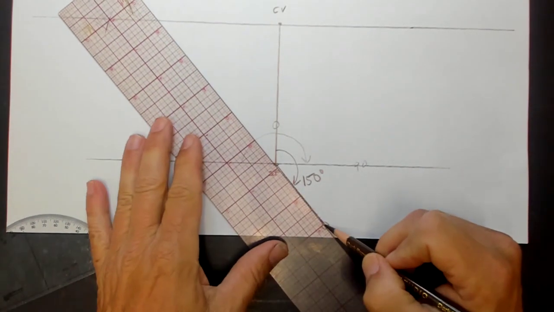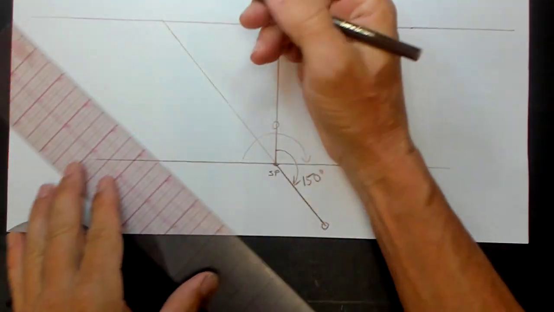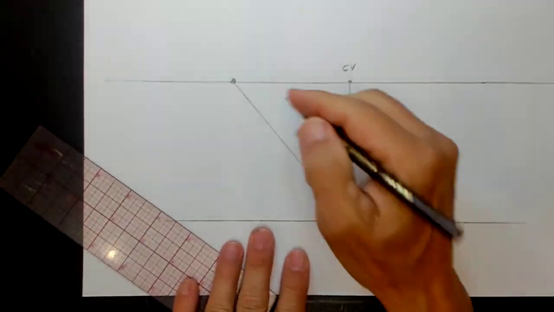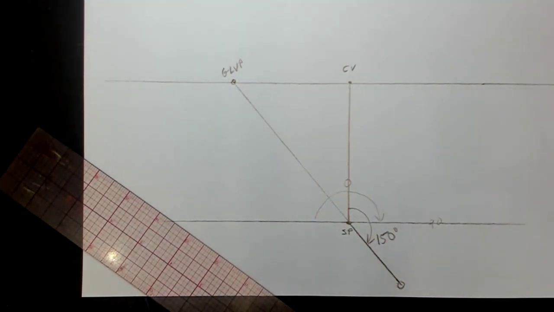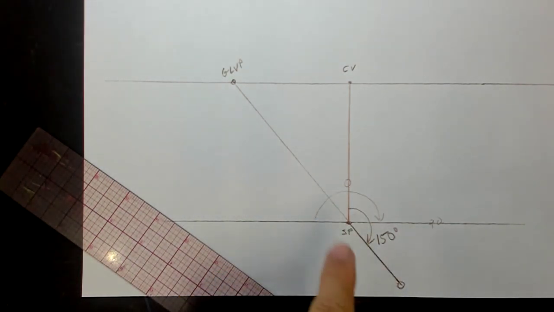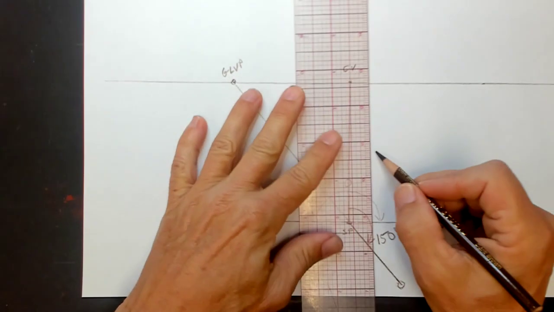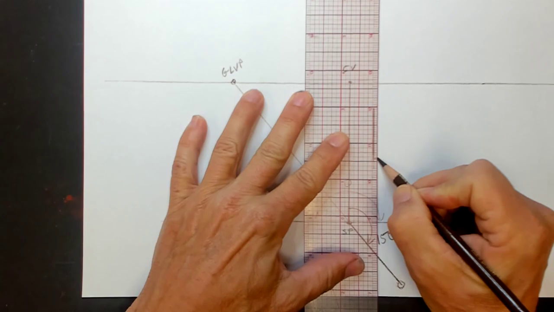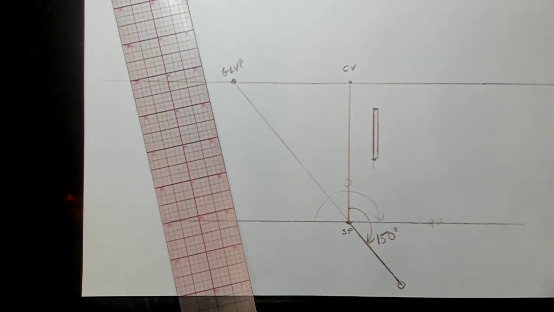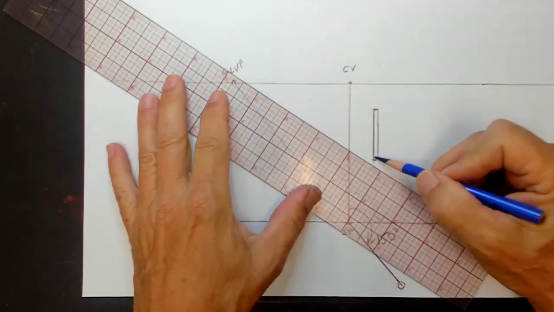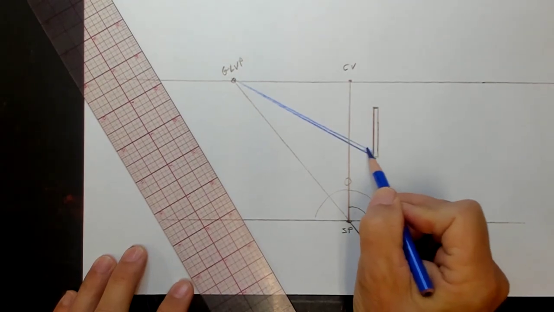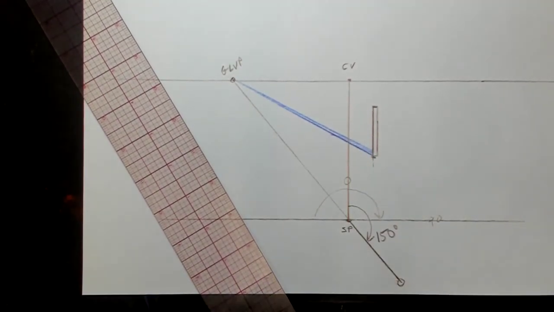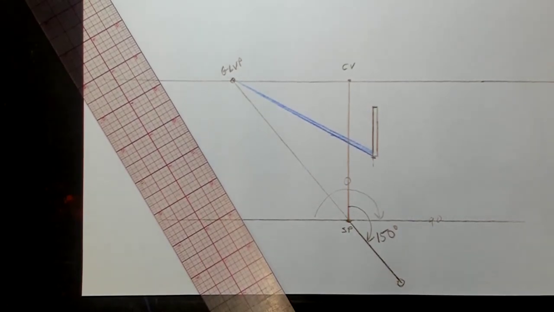So if we take this and extend this out, we get a ground line vanishing point that draws shadows that would be 150 degrees from where the viewer is looking. Let's put a little stick here. So the sun's behind the viewer, so the shadows are going this way. This is the angle of the shadow if the sun was 150 degrees to the right of where the viewer is looking.